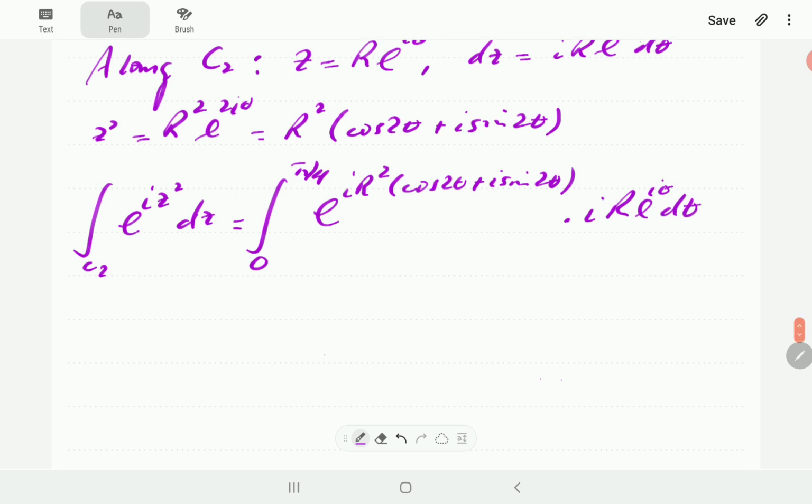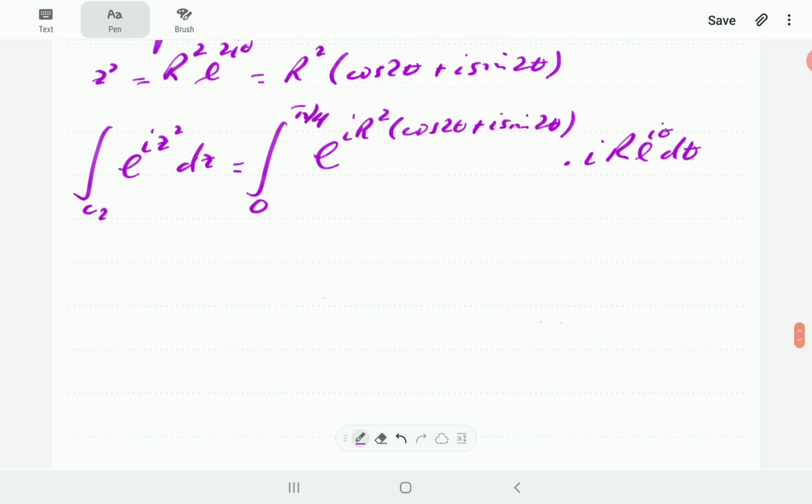Now at this point what we're going to do is take the magnitude of this integral. So the magnitude of the integral of e to the i z squared is going to behave like the integral from 0 to pi over 4. The magnitude of i is 1.